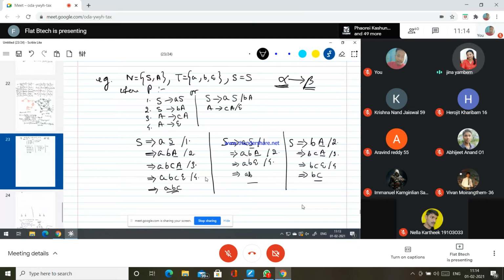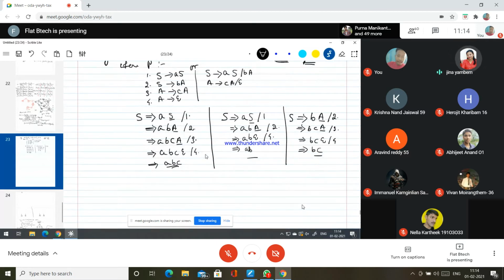If possible, whether any possibility is there for a different one, yes. Let me try. B, A, this is 2. Then instead of A, let me go for epsilon, so 4, so I can derive B. Next, any other possibility? S, this is using 1. And then this is A, B, A, this is using 2.